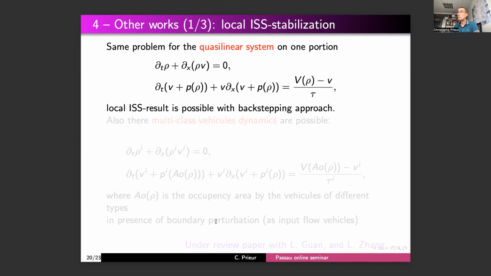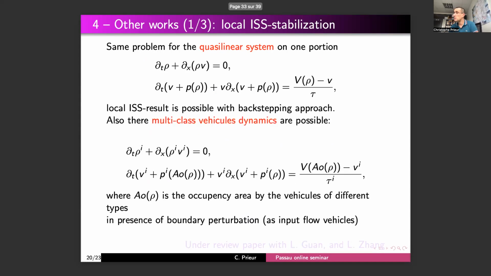But if you want to look at what happens for the input to state stability of the quasi-linear system, this is something done in a work with Li Guozhang and Lina Guan, but so far it has not been done in the same context.